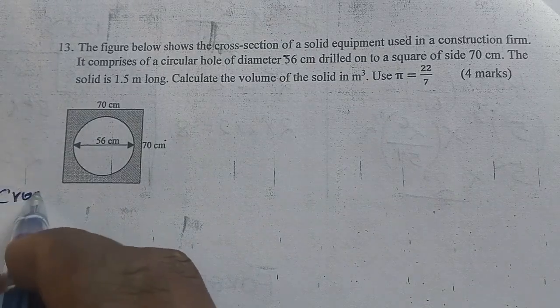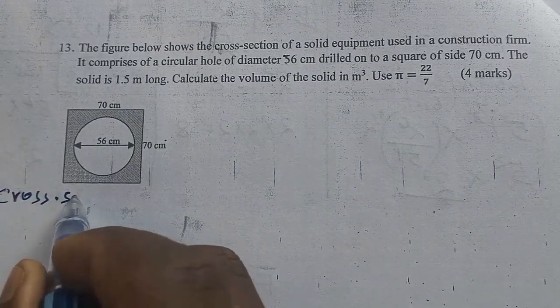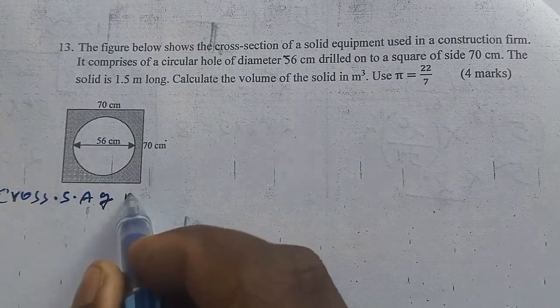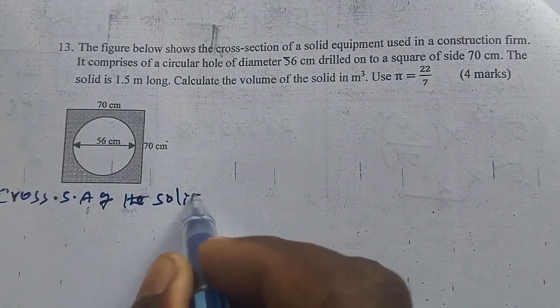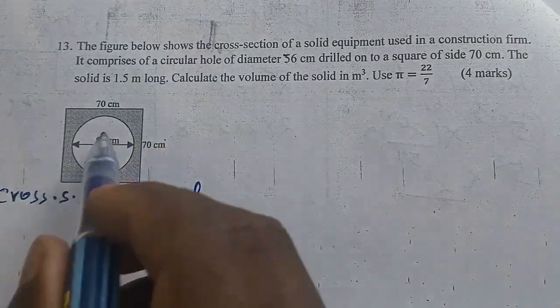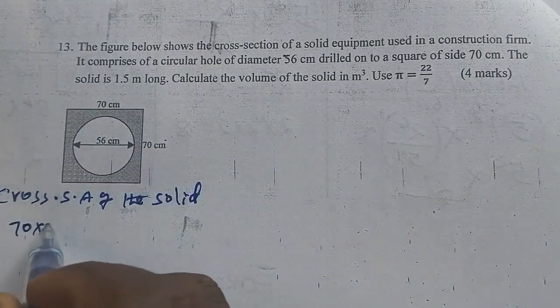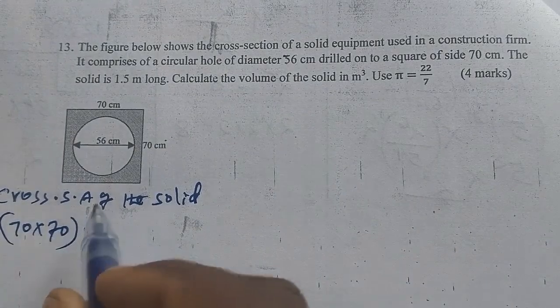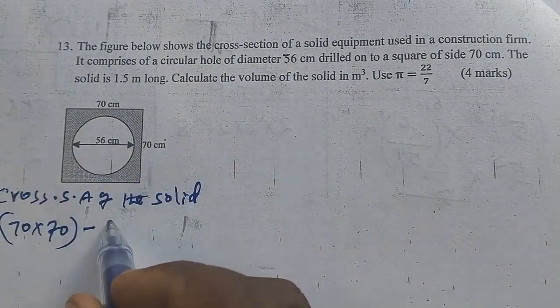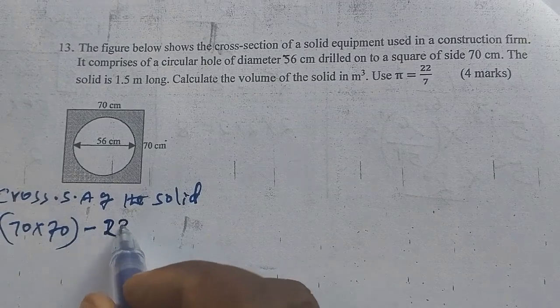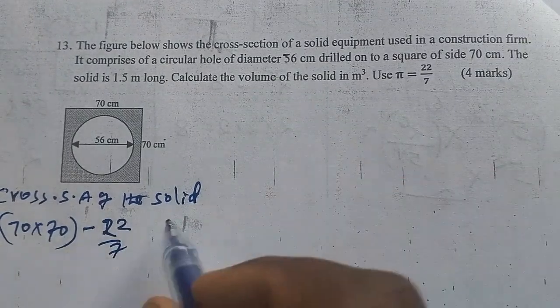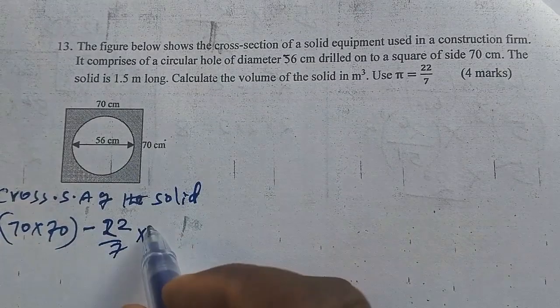Cross-section area of the solid. So we have the area of the square, which is 70 times 70. You subtract the area of the circle, which is pi r squared, that is 22 over 7 times radius, which is 28 times 28.